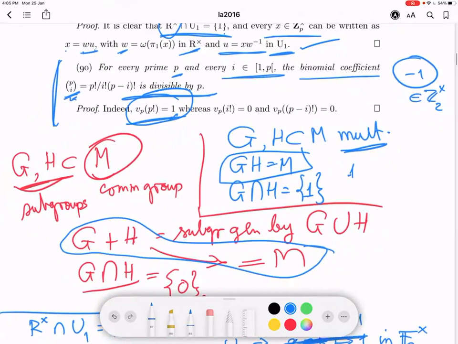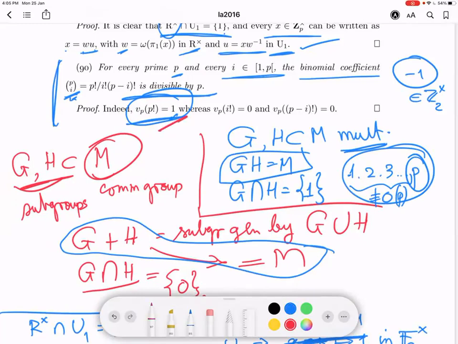It's 1 times 2 times 3 up to p, right? Now, none of these things up to here is divisible by p. This is the only thing divisible by p. So the power of p which divides p factorial is equal to 1, and that's what is written here.